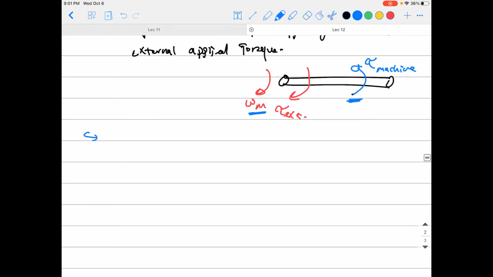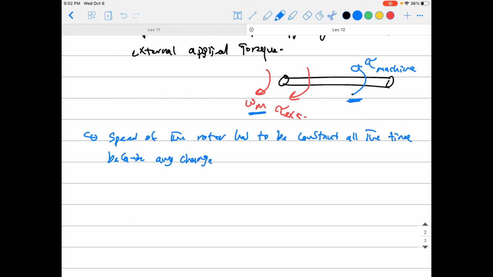Okay, that the speed of the rotor has to be constant all the time, because any change of it changes the output frequency of the machine.